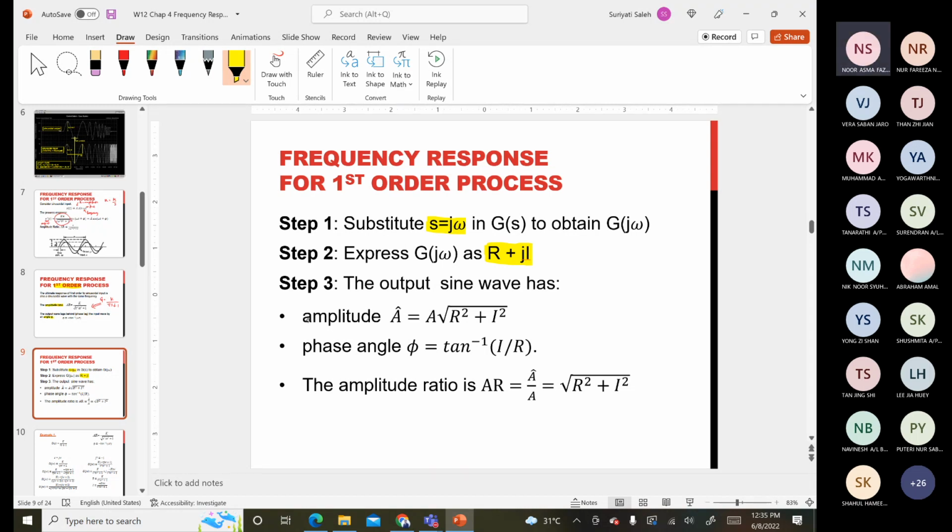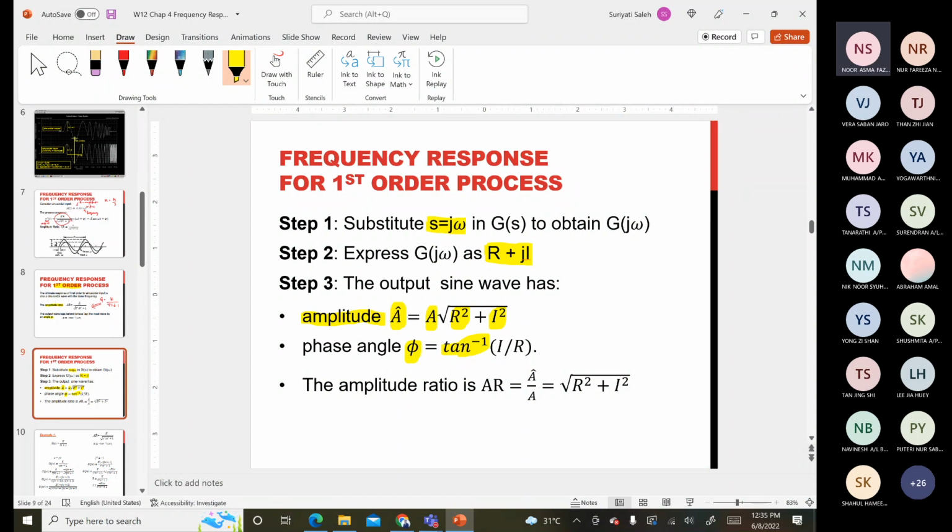This is the standard form for the output sine wave, where the amplitude A cap equals A multiplied by the square root of R square plus I square. And the phase angle is the angle equal to inverse tangent I over R.